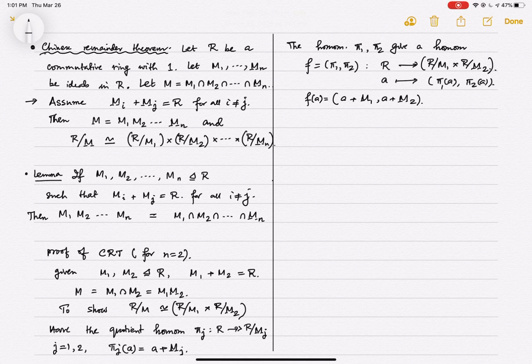So what I need to check is that this is onto and that its kernel is exactly M. And then I apply the first isomorphism theorem. Checking that the kernel is M is very straightforward. So let's verify. Claim 1: the kernel of F is the intersection.